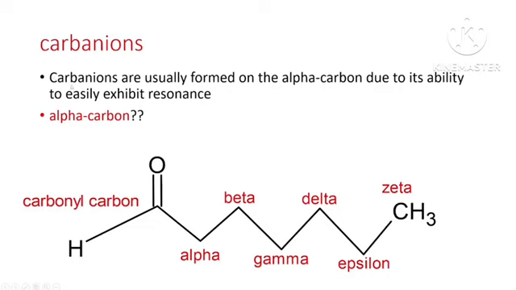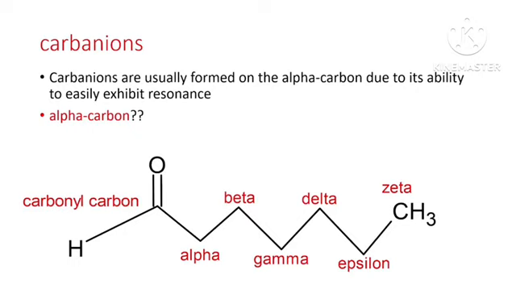We say that carbanions are usually formed on the alpha carbon due to its ability to easily exhibit resonance, right? Why? Because the alpha carbons have this ability to easily undergo resonance as compared to the subsequent carbons such as the beta, gamma, delta, and so on.